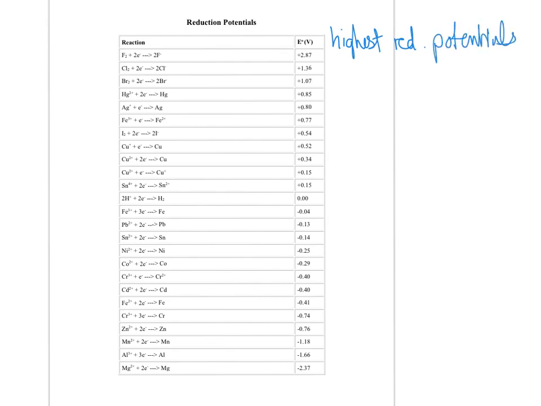And remember, that means the highest likelihood or the highest ability to be reduced or to gain electrons. So these are the most likely to be reduced. At the bottom, these are the lowest reduction potentials.